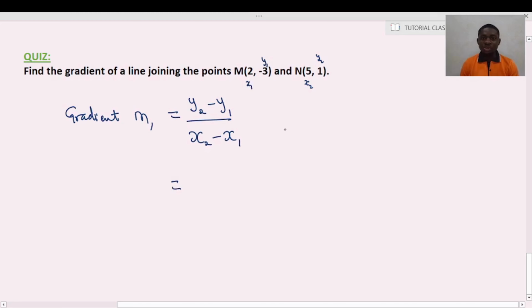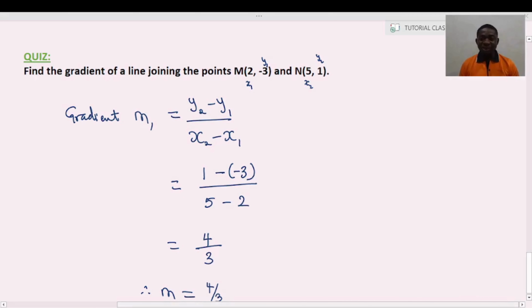Substituting those values, y2, which is 1, minus 3, divided by 5 minus 2. So we should have 1 plus 3, that's 4, divided by 3. Therefore, the gradient of the line joining M and N is 4 divided by 3. If you get the same thing as this, definitely we're on the same track. So let's continue with today's content.